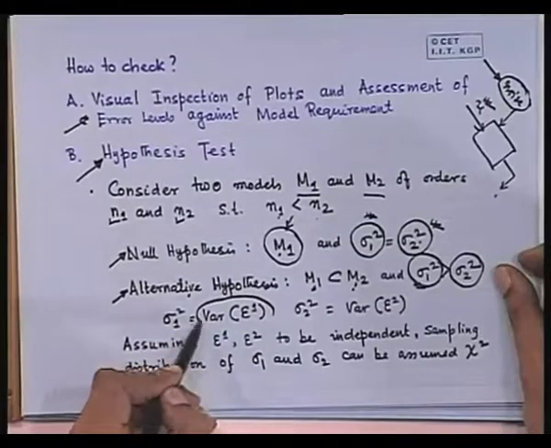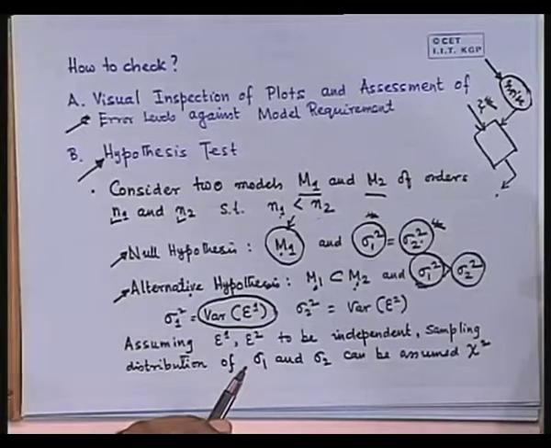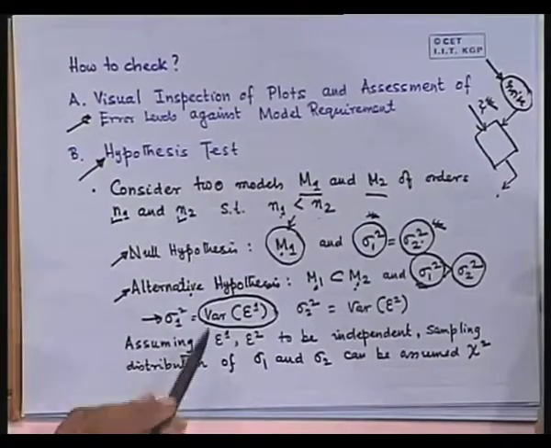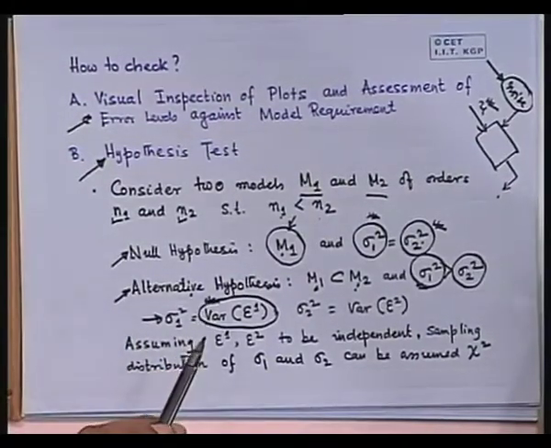So here what we are trying to say is that if I compute a variance, what am I doing in variance? I am taking squares of individual prediction errors and then summing. How do you compute variance? Right? So it is not unreasonable to assume that this distribution of the variance is going to be chi-square.